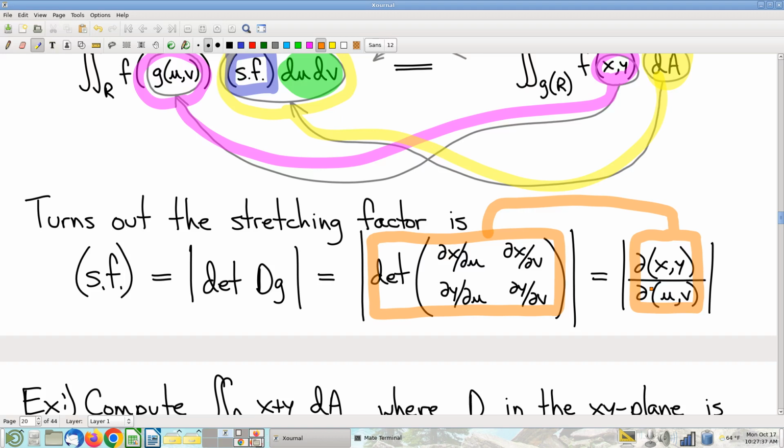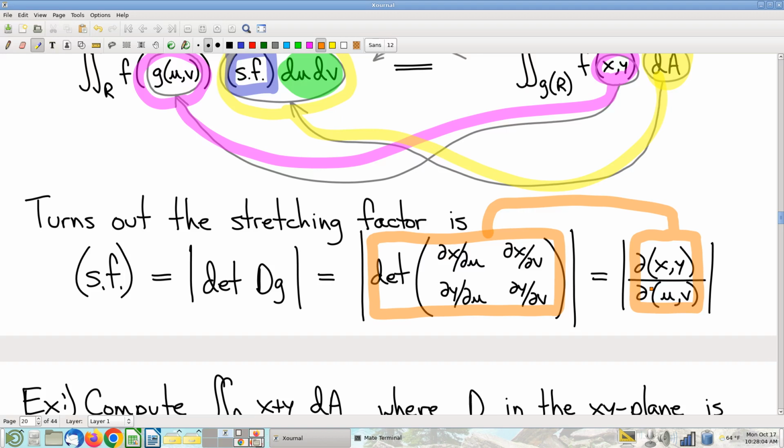But we write it as a fraction for a combination of reasons. One is, fractions are scalars, right? And I don't want the derivative matrix itself. I want the determinant. The determinant of a matrix is a scalar, right? So this notation is consistent anyway with the idea that I need a scalar to represent, again, that stretching factor.